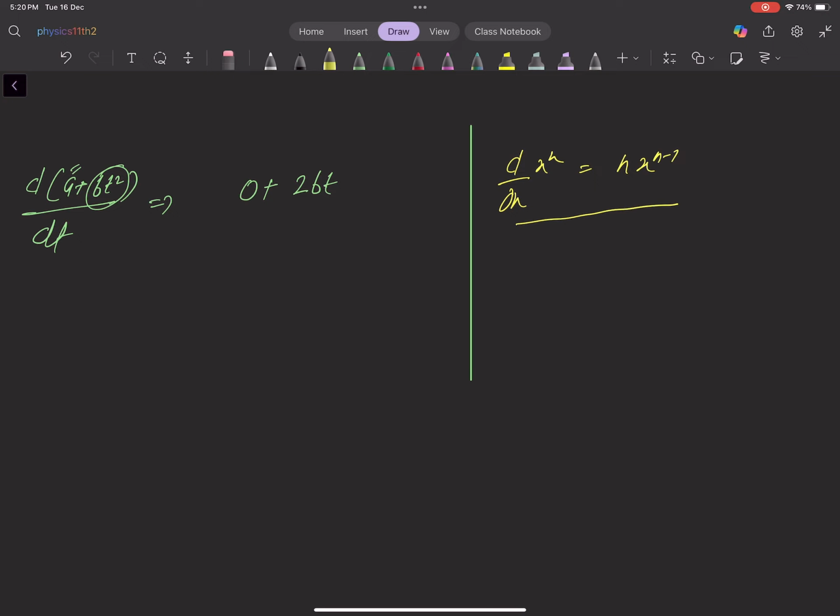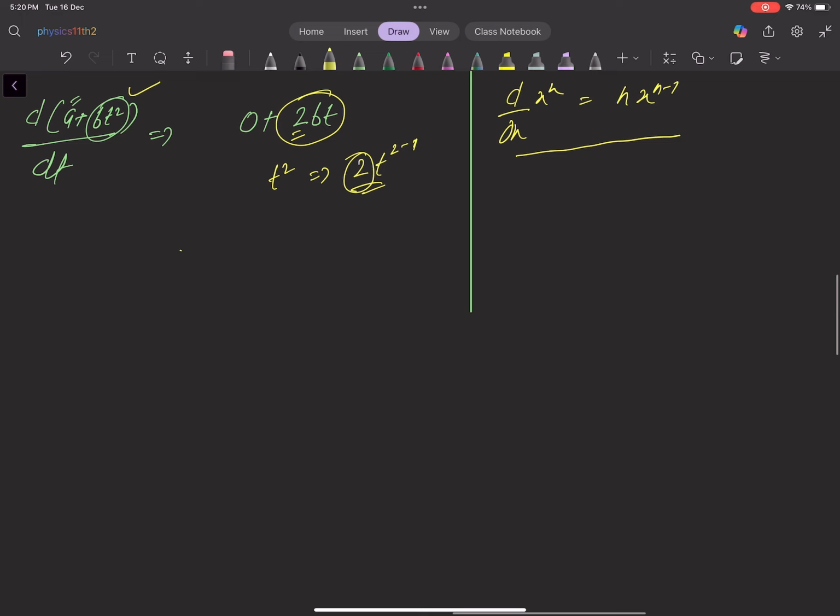Here we have applied the same identity for t square. So it will be 2 t to the power 2 minus 1, so this 2 comes here. So dx upon dt is equal to 2bt.